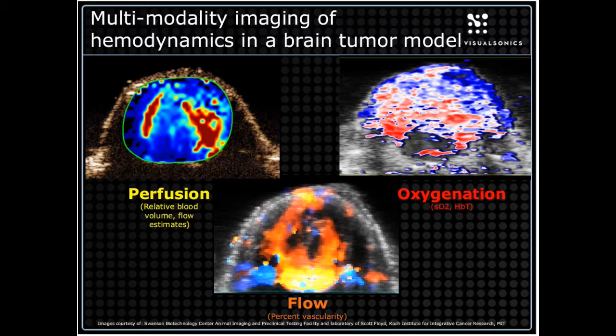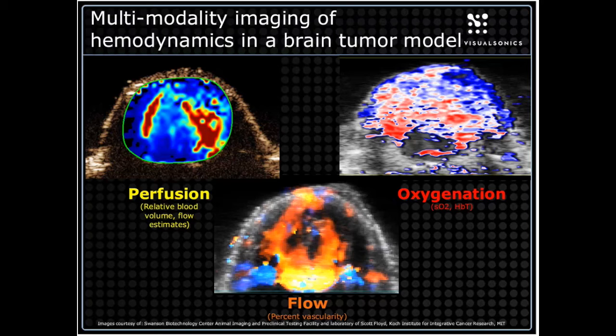What Andrew mentioned before on photoacoustics, you can also use the combination of optical and ultrasound imaging to, in that case, look at tumor oxygenation or oxygenation in the entire brain. So no craniotomy, etc., had to be done for getting these images.